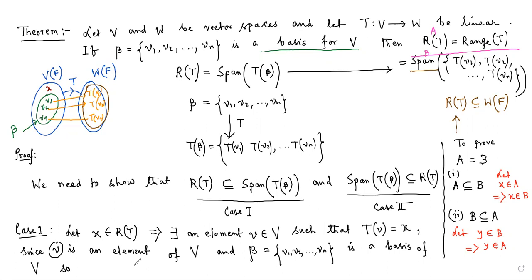So there exist some scalars A1, A2, ..., An in F, in the field, such that V can be expressed as A1 V1 plus A2 V2 plus ... plus An Vn. Okay.